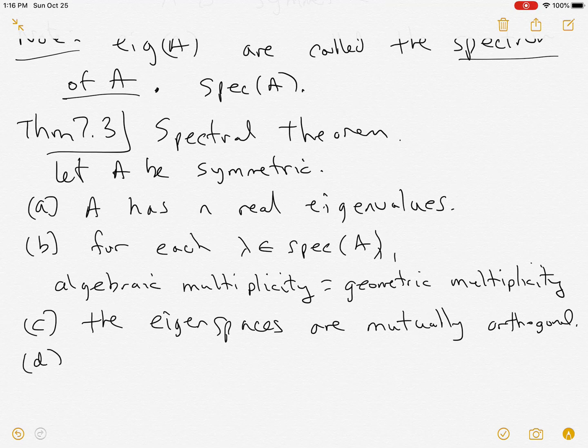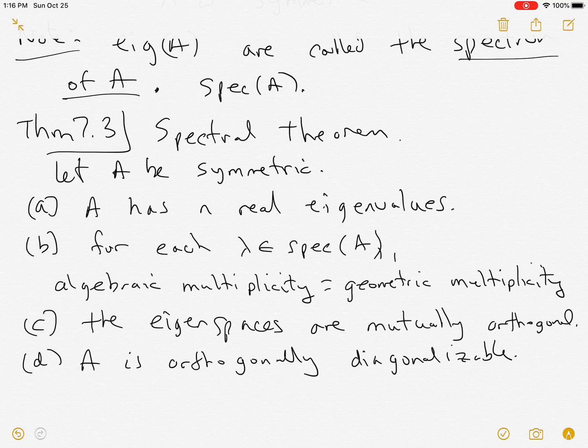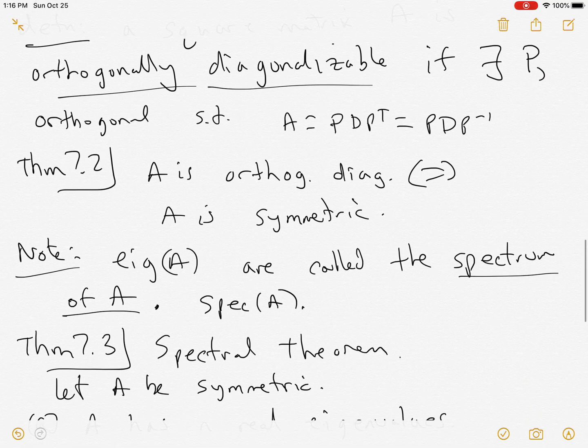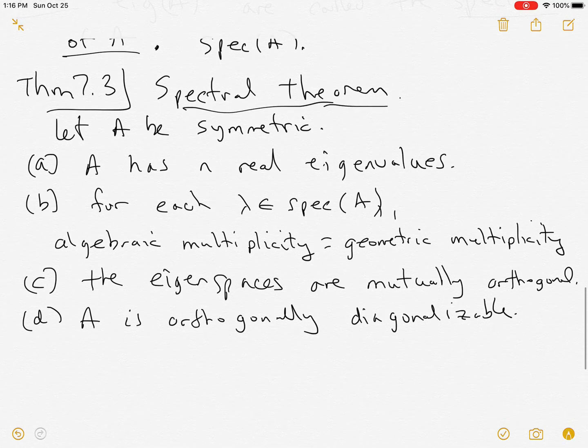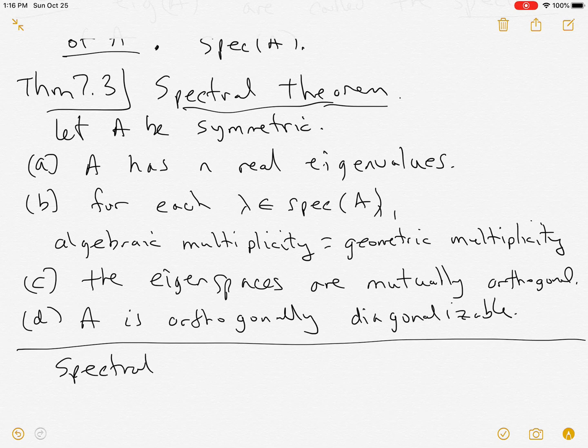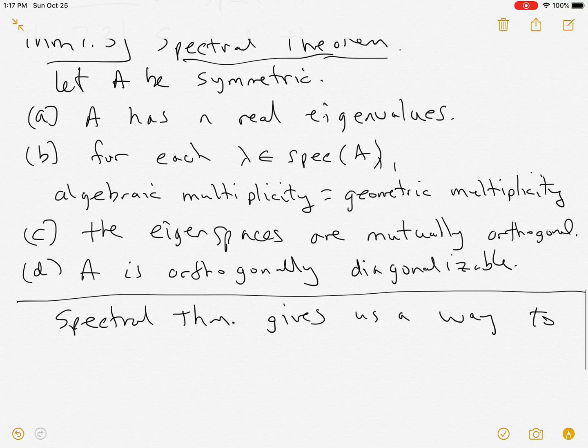And lastly, this is the theorem from before, D, A is orthogonally diagonalizable. All right, so part D of this is just theorem 7.2. So the spectral theorem collects all the facts and theorems from before. Okay, now what the spectral theorem does, it gives us a way to decompose a matrix A.